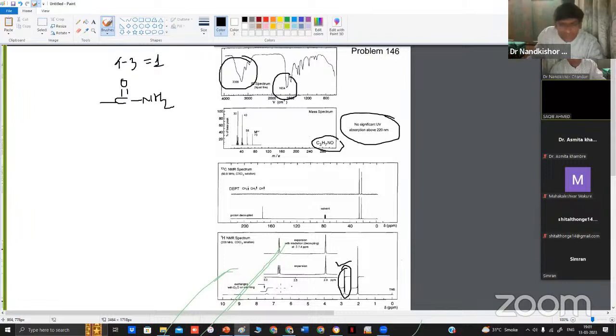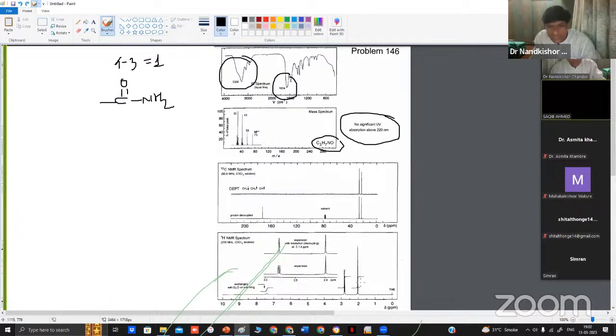Now, if you see here in another 7.5 range, there is a hump which indicates that there is a presence of the active proton which exchanges with D2O. So that confirms there is a presence of NH2 group. Now, from the PMR, it is confirmed there is a presence of probably two protons which have almost equal height in the PMR.